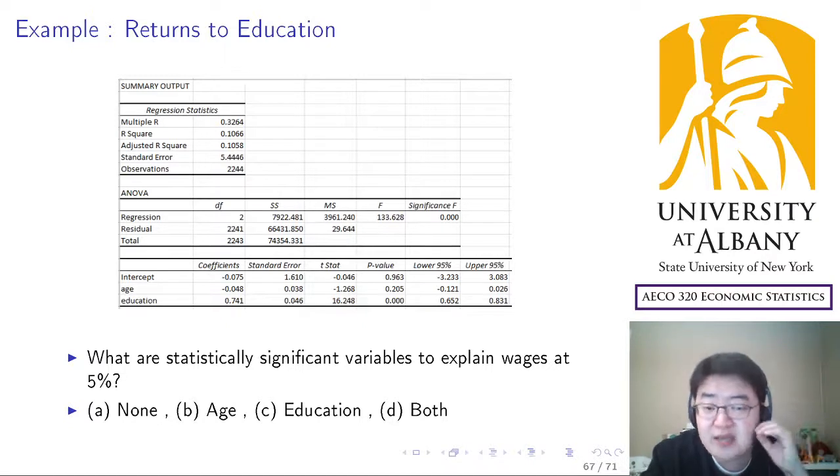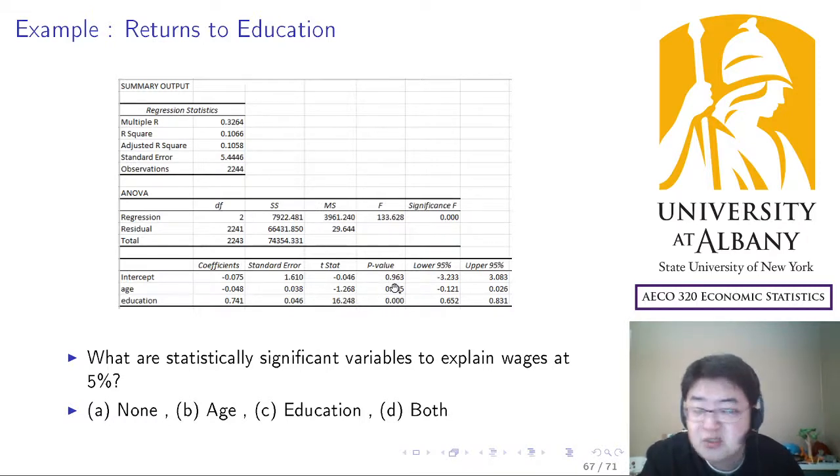But if we can reject it, then the coefficient is statistically significant. It is different from 0. The p-value is already calculated in this table. For example, the age variable has a p-value of 20.5%. So 20%, it's much larger than the 5% significance level.